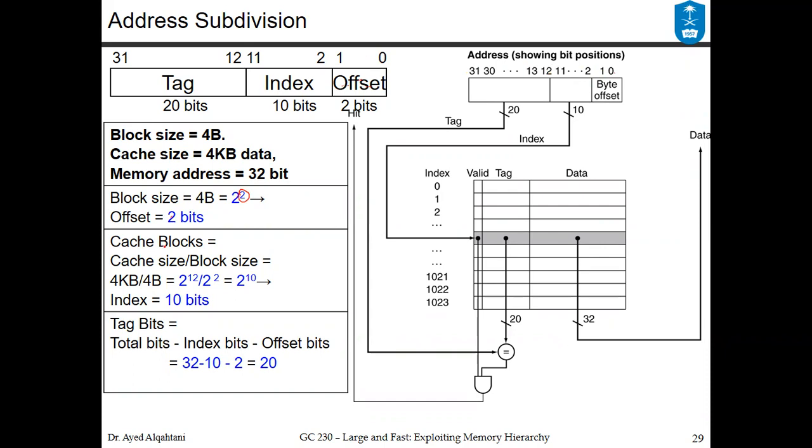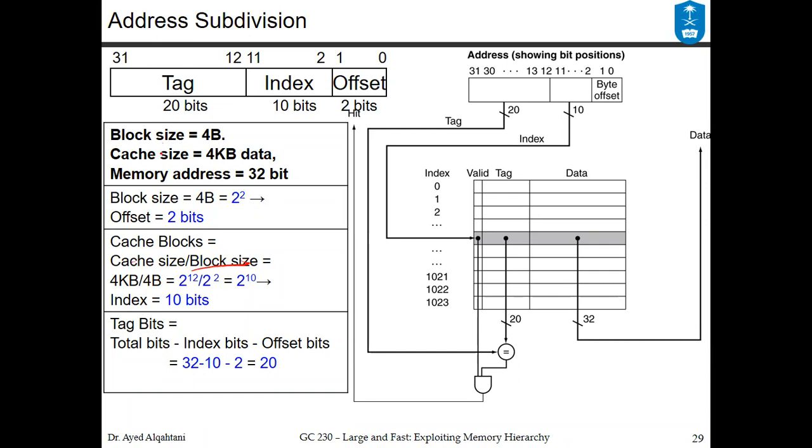Now, for the index bits, you know that the number of cache blocks is equal to the cache size divided by the block size. Now, the block size, we know it's 4 bytes.